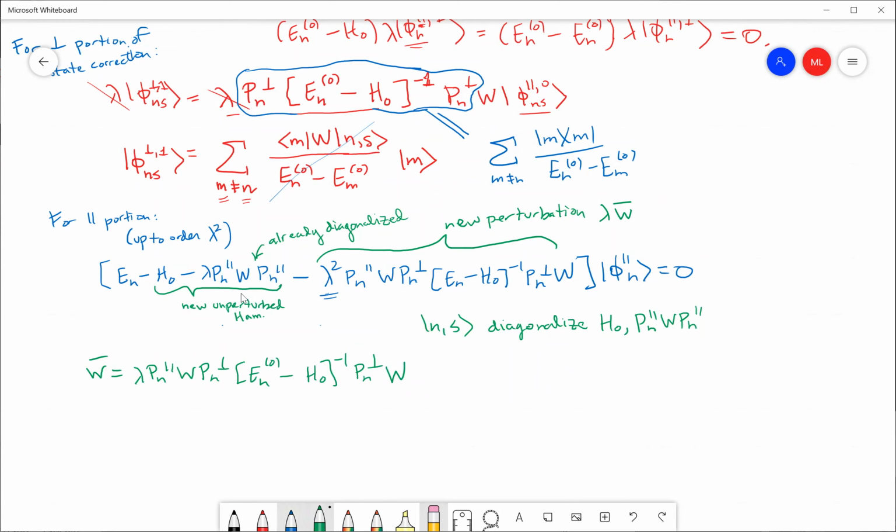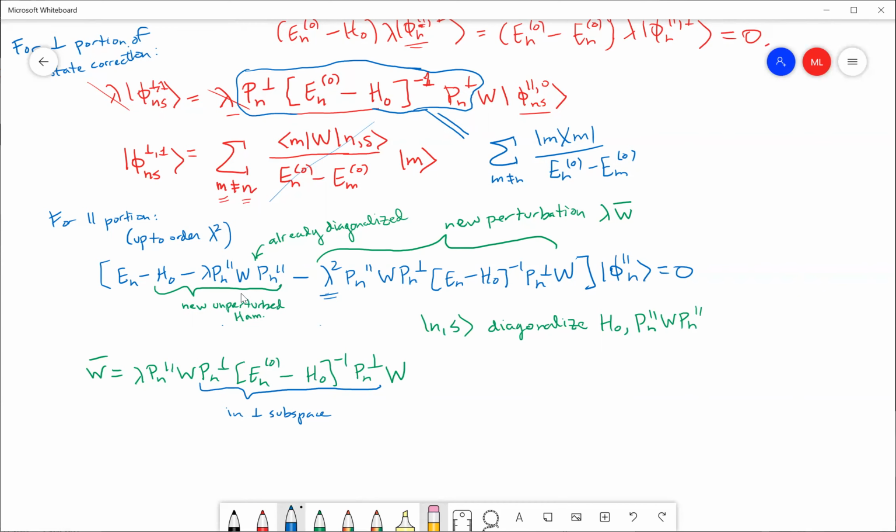And you see everything is working out so nicely. This guy is going to be in the perpendicular subspace. So that means that inverse operator is perfectly well defined, because we'll never hit degenerate eigenvalues of H naught. So that's the new perturbation.